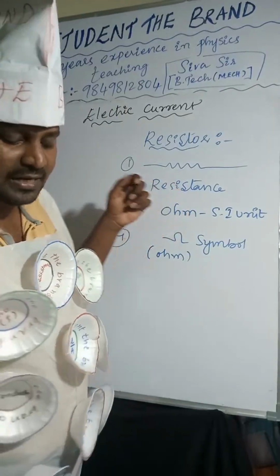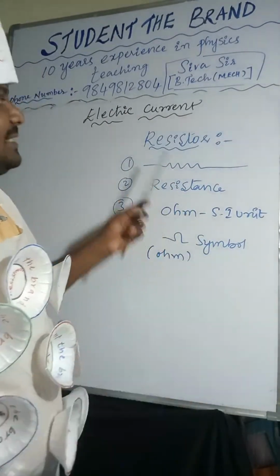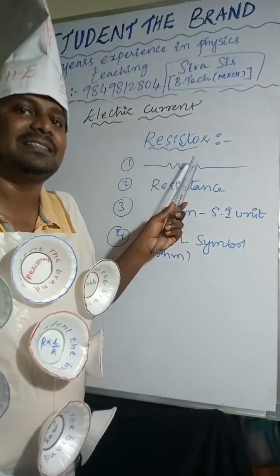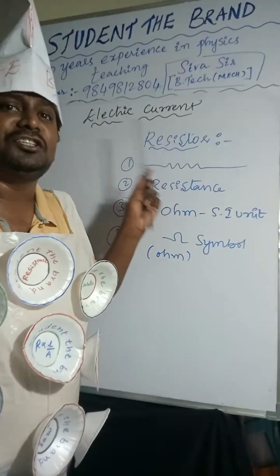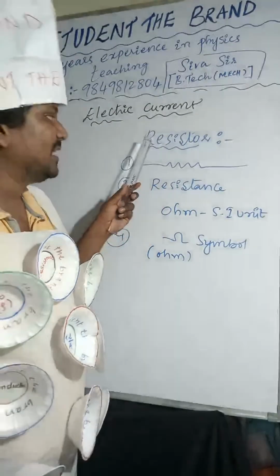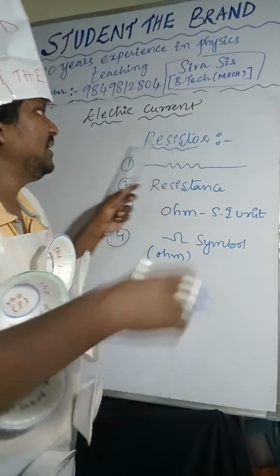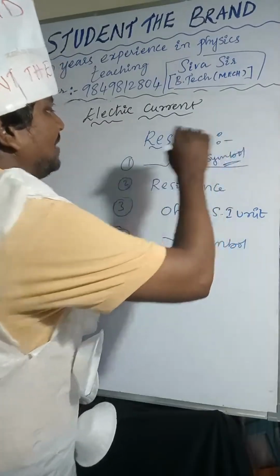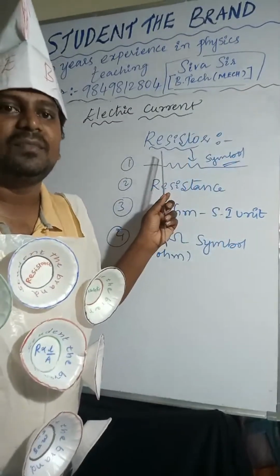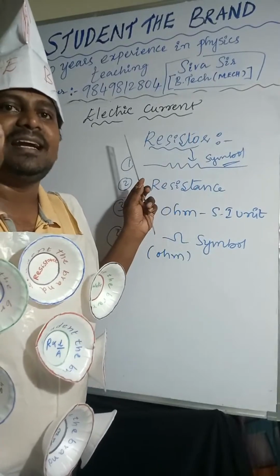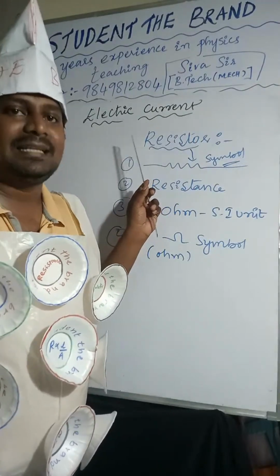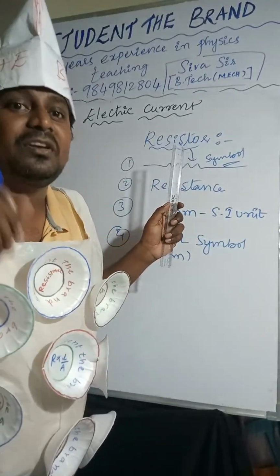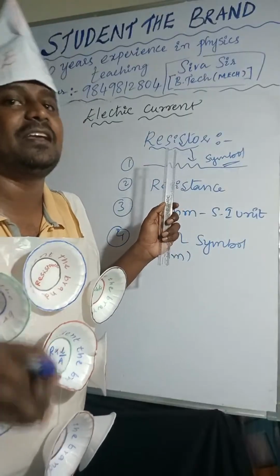Once again, observe here. A resistor is a device which is used to oppose the electric current in the circuit. This is the symbol of the resistor. Very, very important, even in the exam they will ask for 1 mark. Resistance is the phenomenon of opposing the electric current in the circuit.